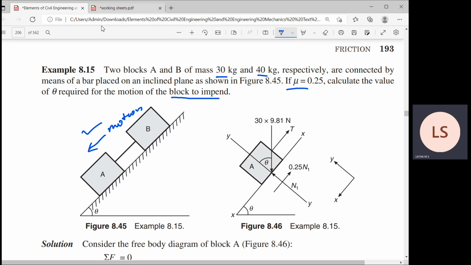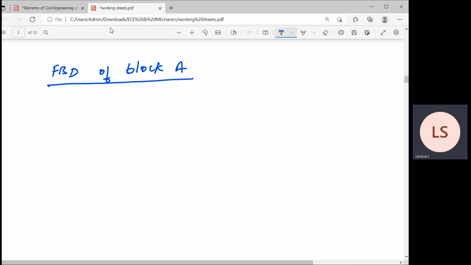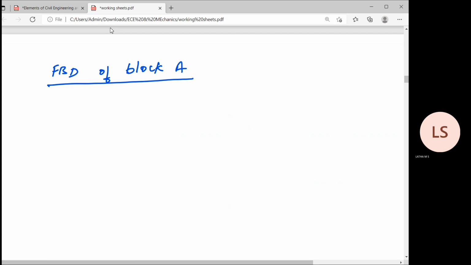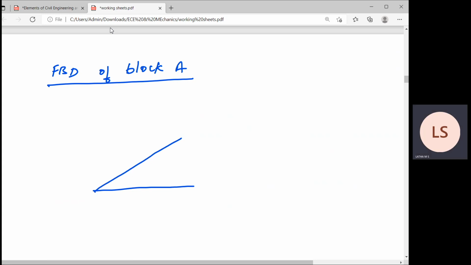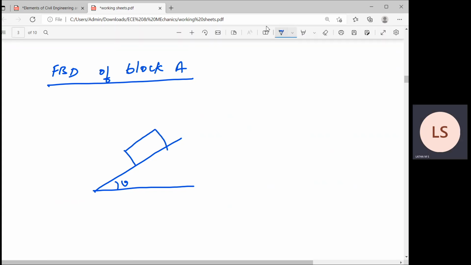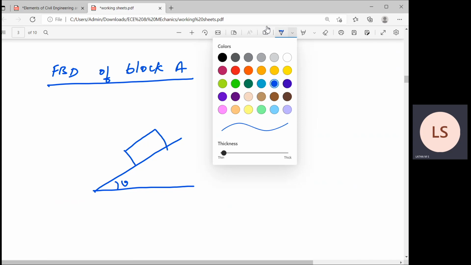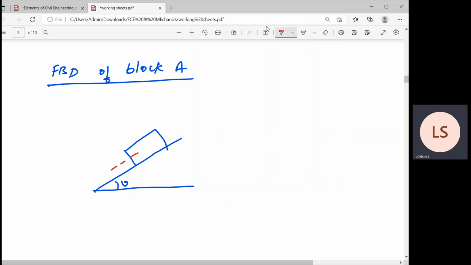This is block A. I'll redraw the diagram. So you find an inclined plane at an angle of theta, right? And this is the block A. And for this, I'll drop a reference axis. I'll change the color of the pen so that we can understand the axis line.